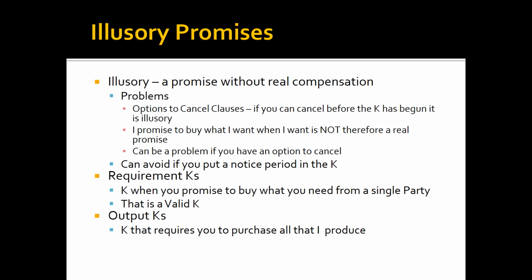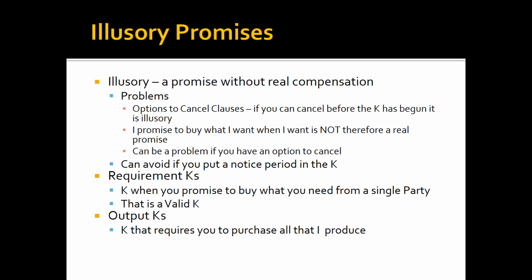All right, let's talk about illusory promises a little bit. What's an illusory promise? This is a promise without any real compensation. I see these most often when an amateur, someone who's not a lawyer, drafts a contract, because they want to make sure that if they don't like the contract, they can get out.